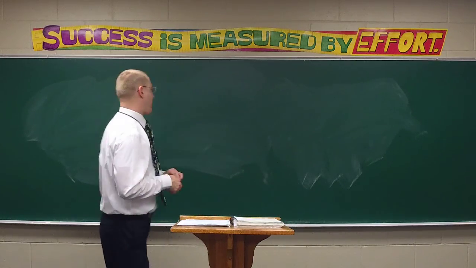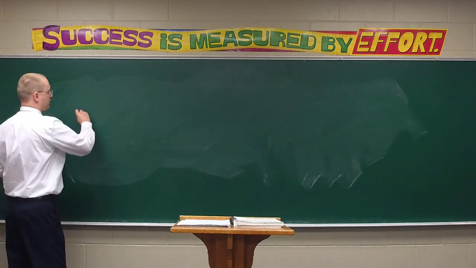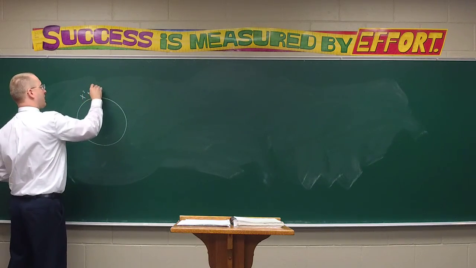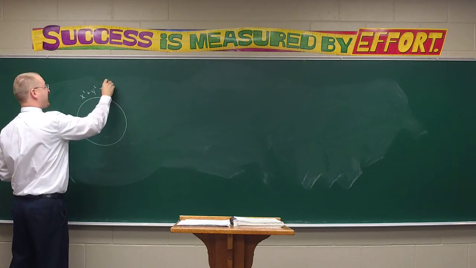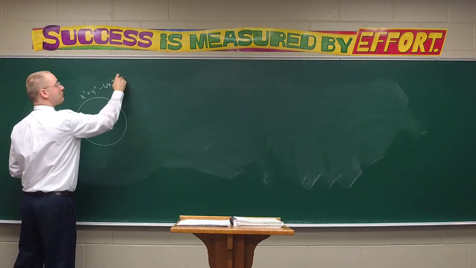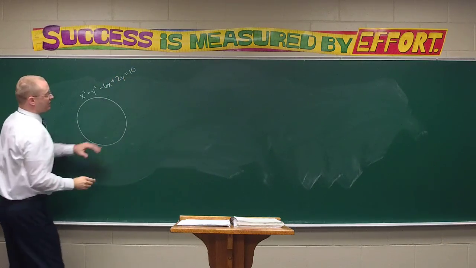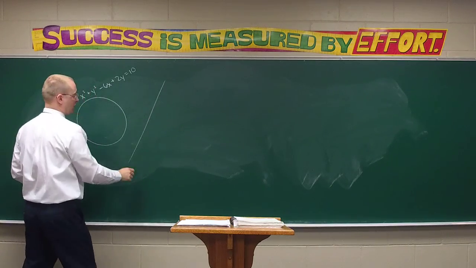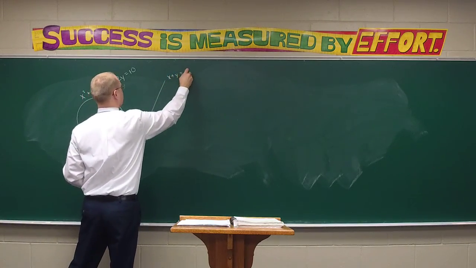All right, so here's the deal. I'm not entirely sure how the picture works, but there's this circle named x squared plus y squared minus 6x plus 2y equals 10. This is a circle that they give me. They also say there's this line over here called x plus y equals 10.